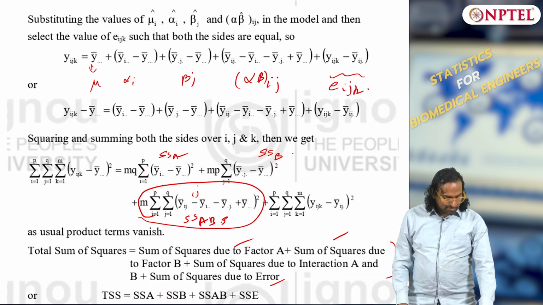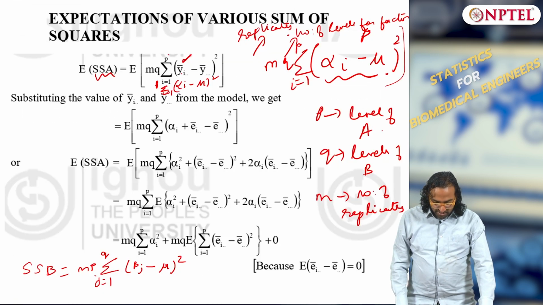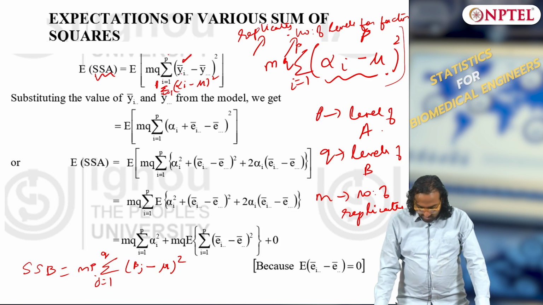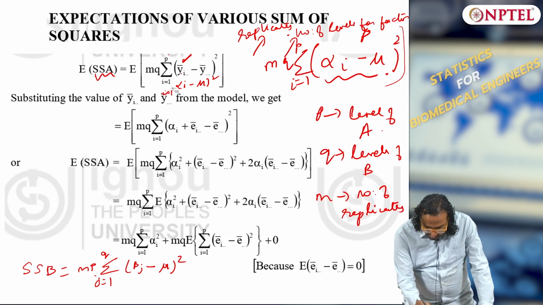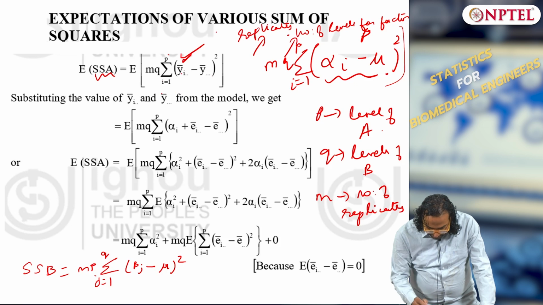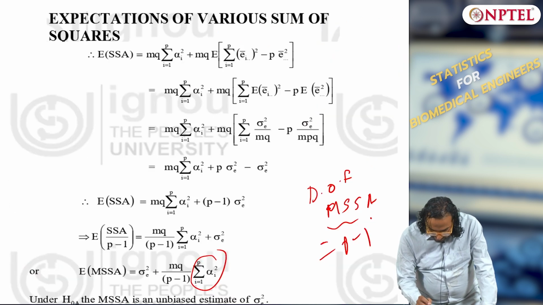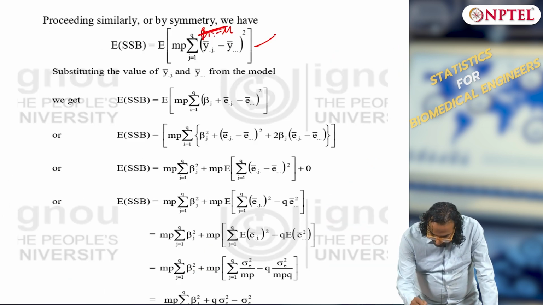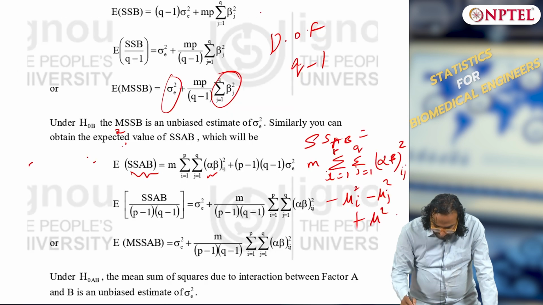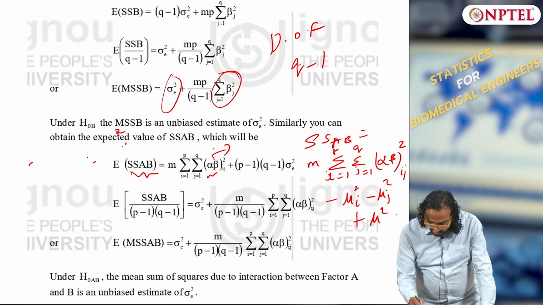Clear everybody? Okay. So this is my sum squared A. So this ideally is my sum squared B, and your sum squared AB is all this.